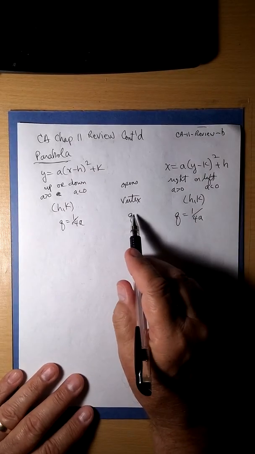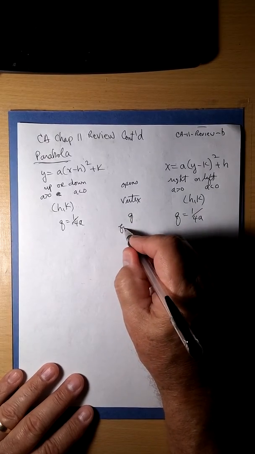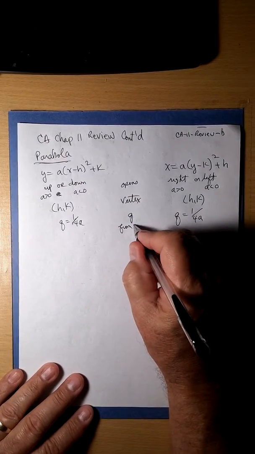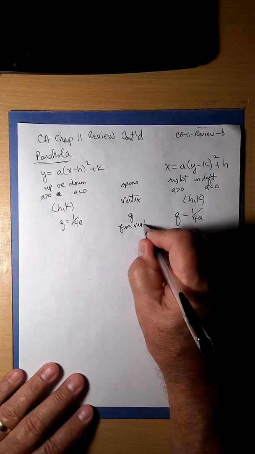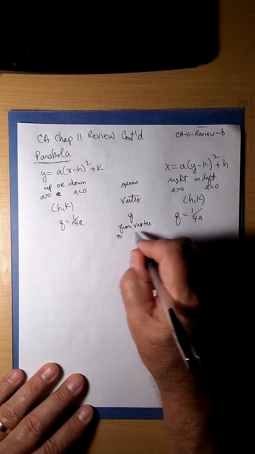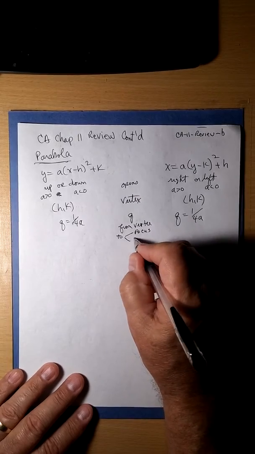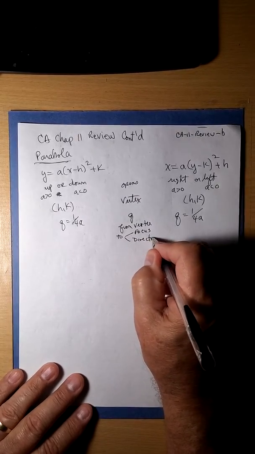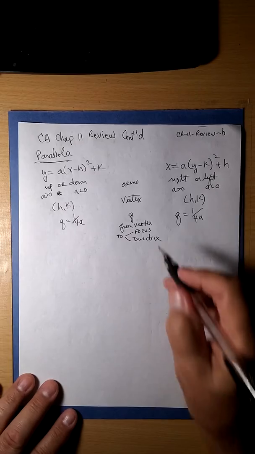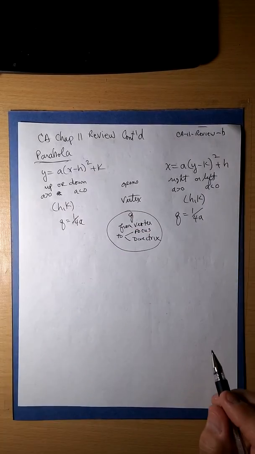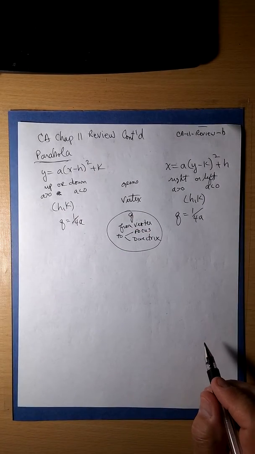And once again, that's the distance from the vertex to both the focus and the directrix. That's what q is, and it's 1 over 4a.